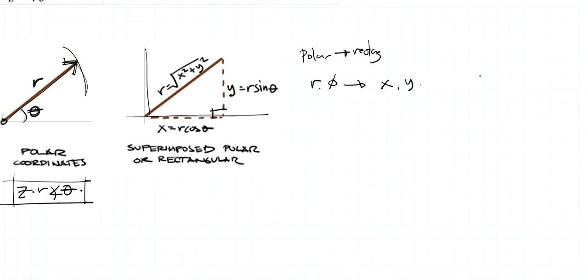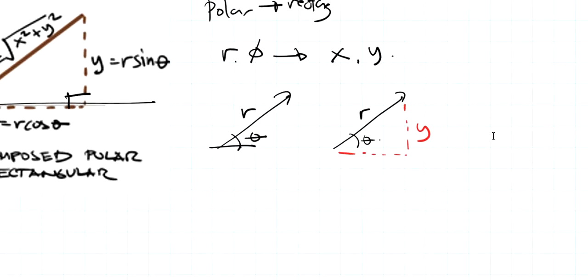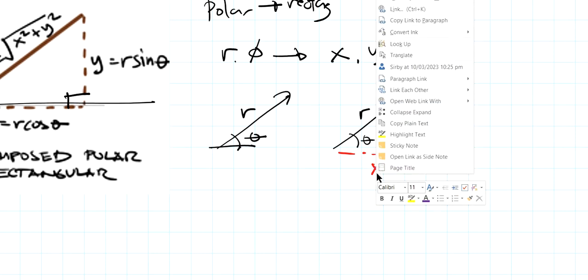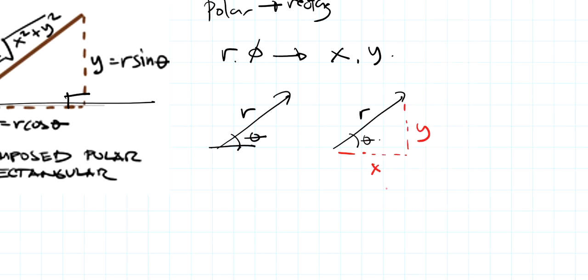If we are given r and theta, that means we have the values of r and theta. To convert that to x and y, I'll write the rectangular in red. We have the y and we have this x. So what's the relationship of x in terms of r and theta?